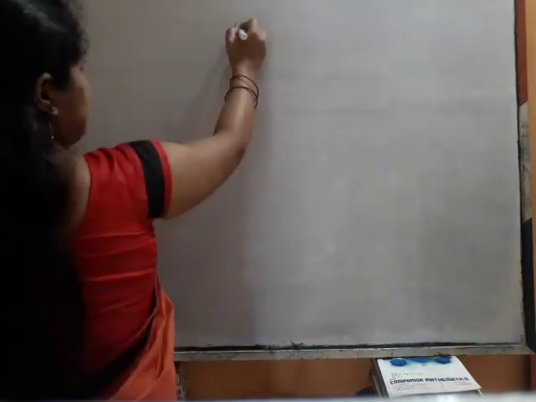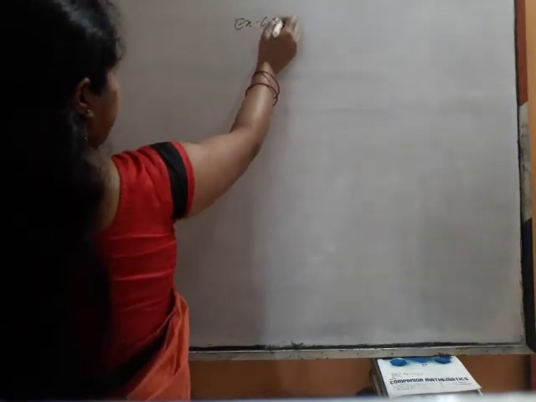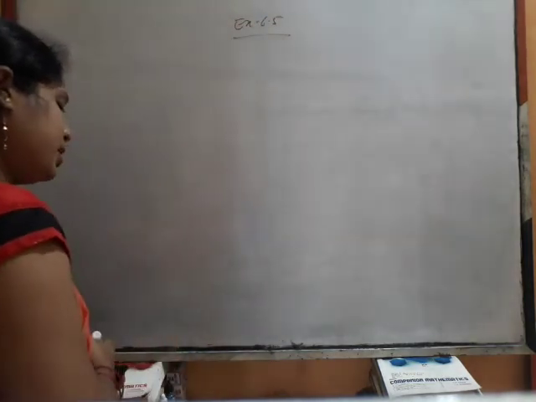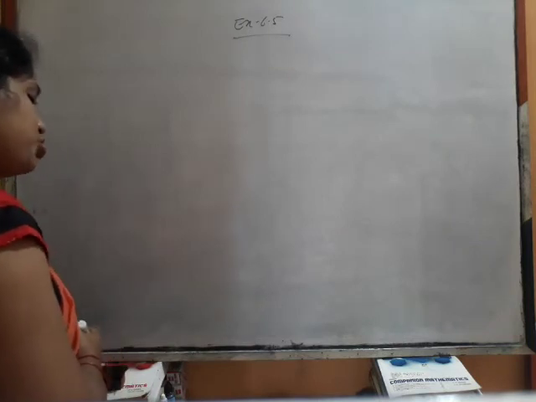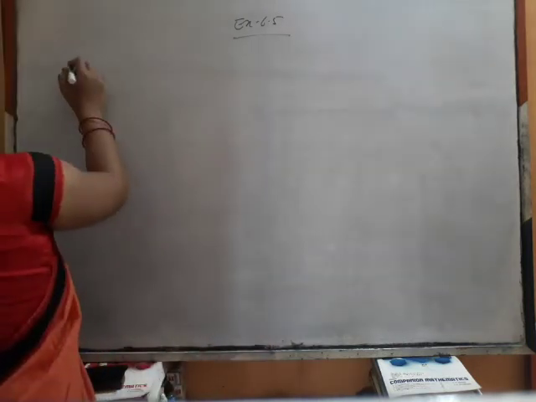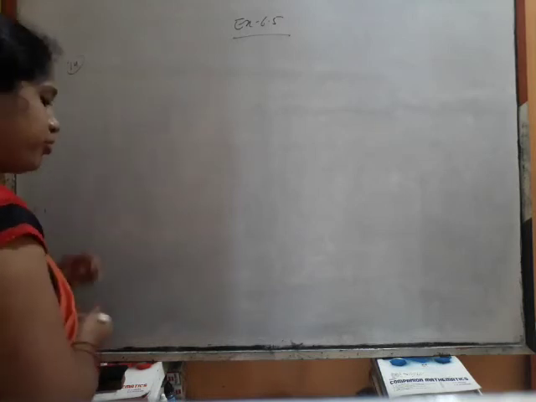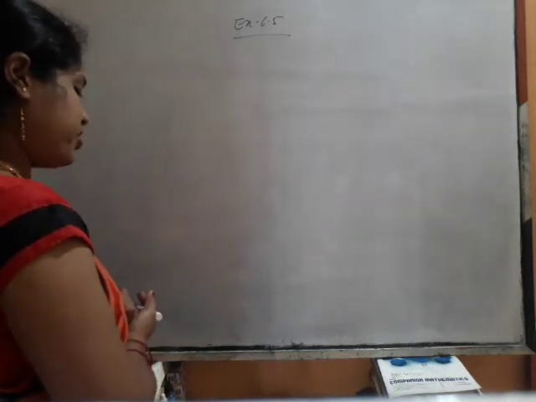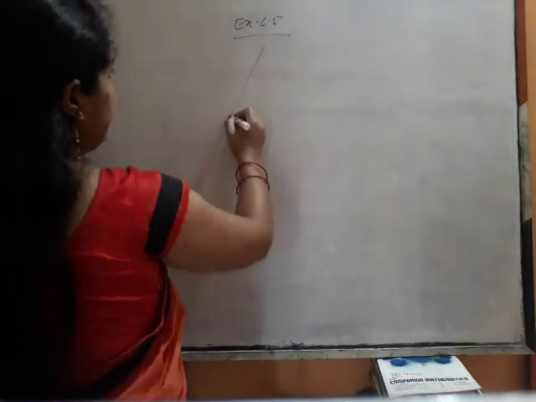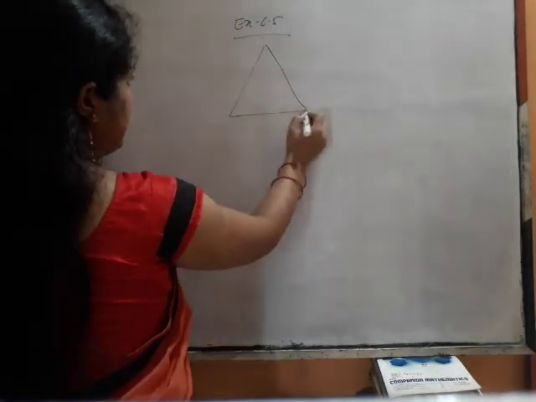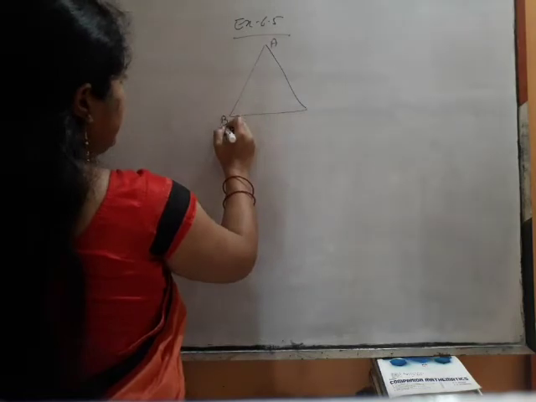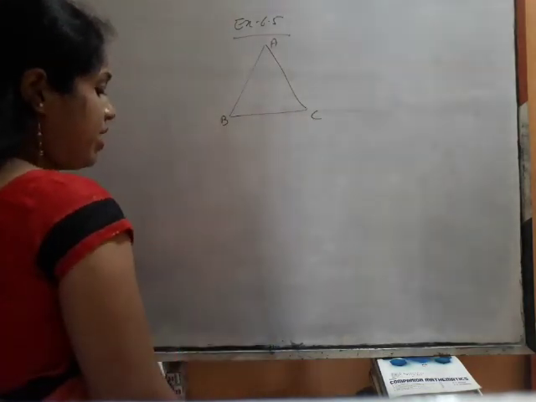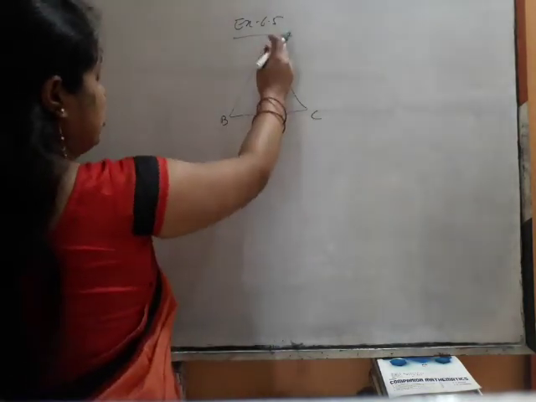Same exercise 6.5, question number 14. The perpendicular from A on the side BC of triangle ABC. We have simply a triangle ABC.